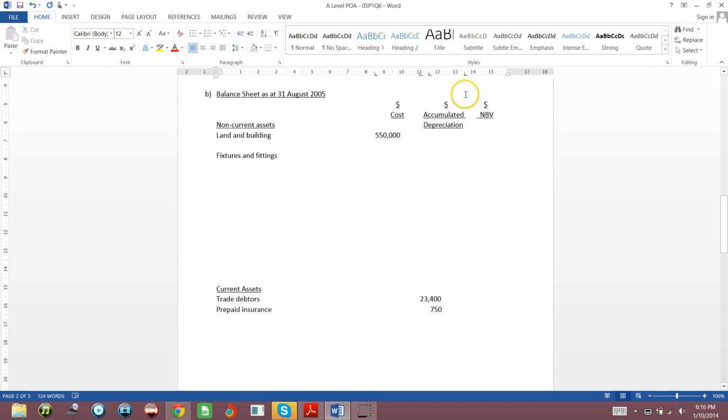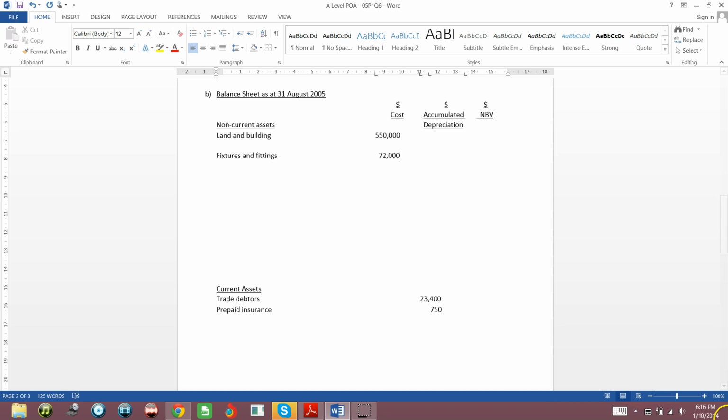In the beginning when you buy the retail business, the fixtures and fittings is 60,000. Then you look at the summary of the business bank account. He bought some more fixtures and fittings, 12,000. So together, the fixtures and fittings is 72,000.